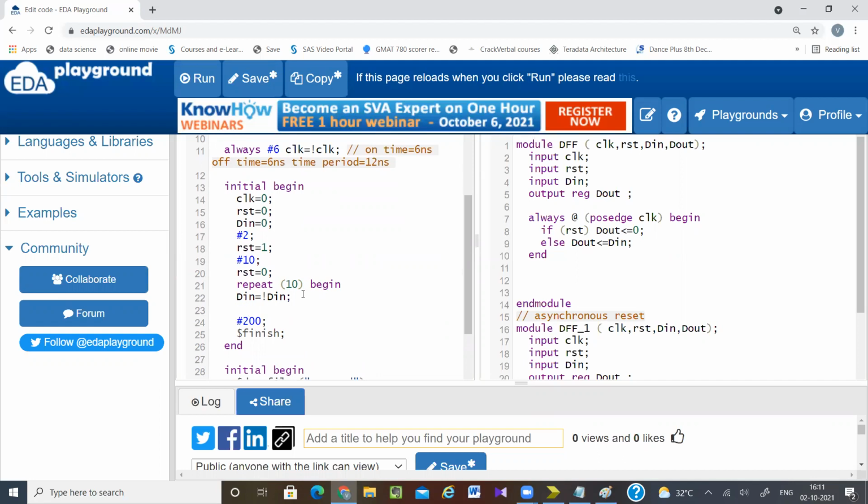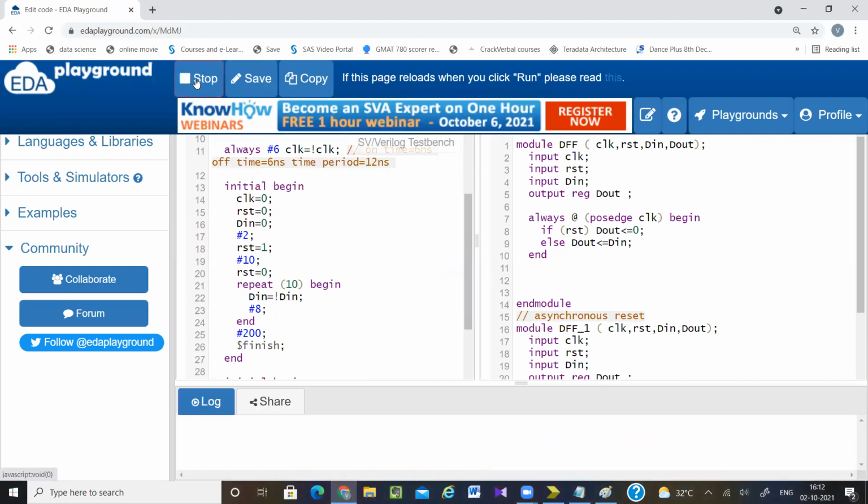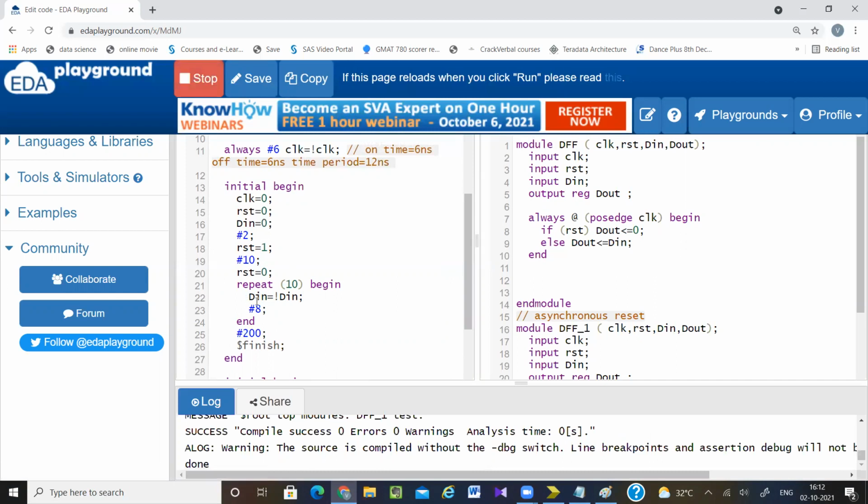Then here I may give some delay of 8, then end. Initially, whatever I had written, only one value would get generated, maybe 0, maybe 1. So I need some 10 values. D in equal to not D in means it is going to go 0, 1 like a clock signal; this D in signal will get generated.